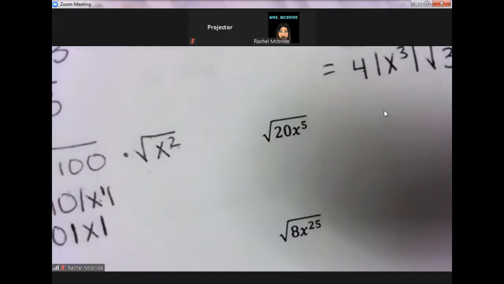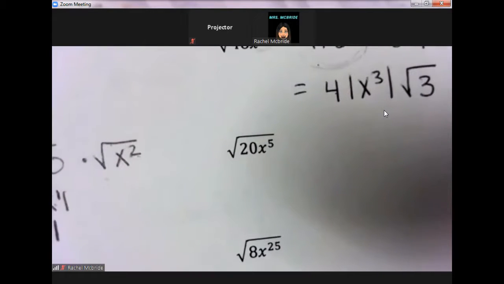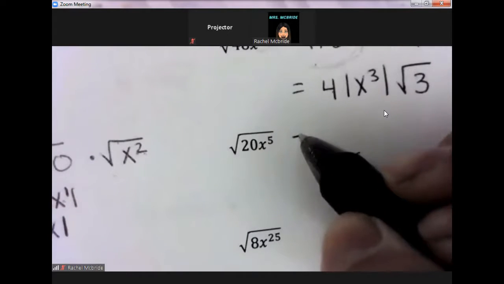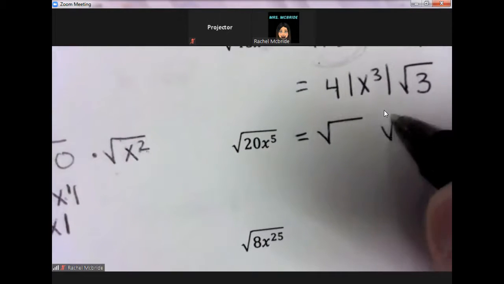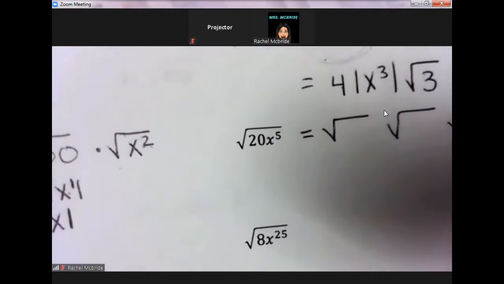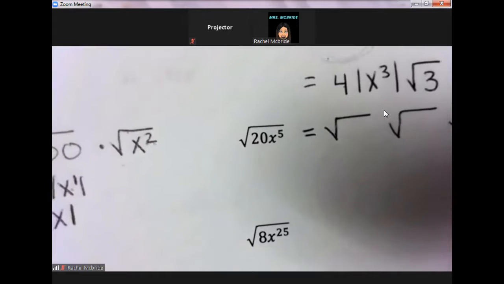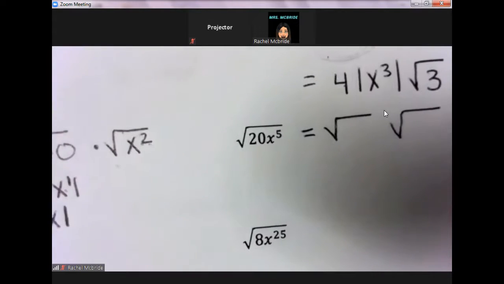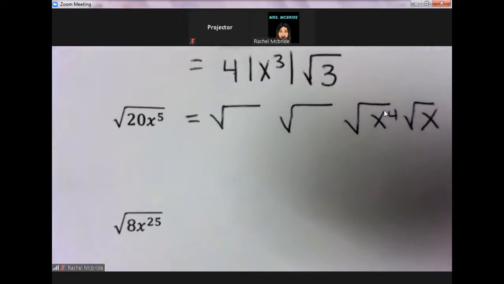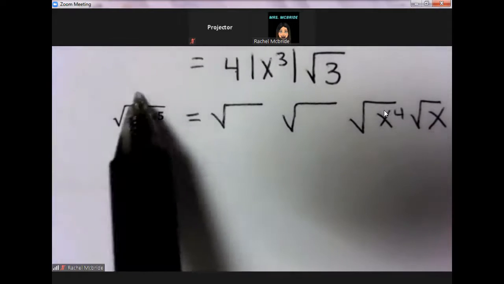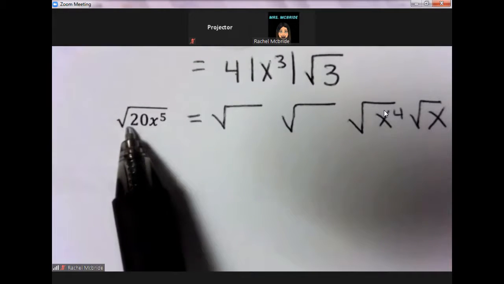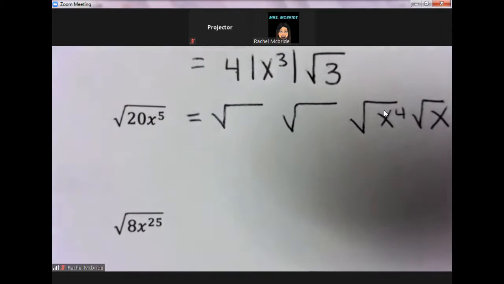Number 4, we have the square root of 20x to the 5th. So you want to break 20 into a perfect square, and x to the 5th breaks into an even and then one singular odd. A perfect square that goes into 20 is 4.